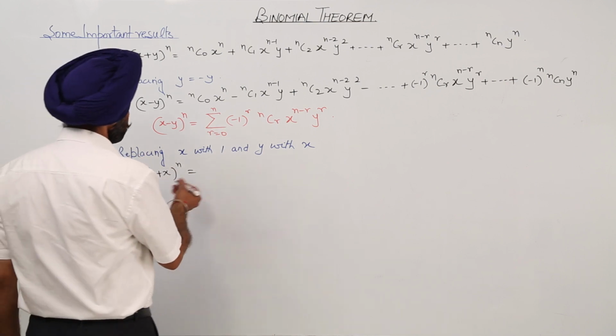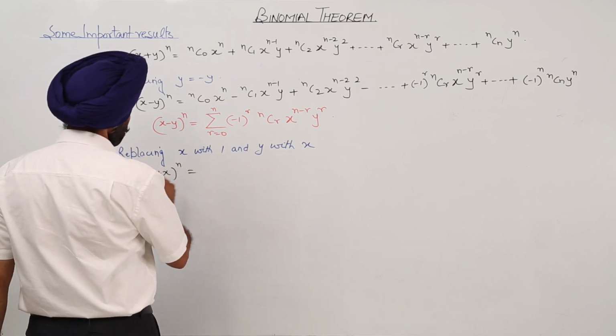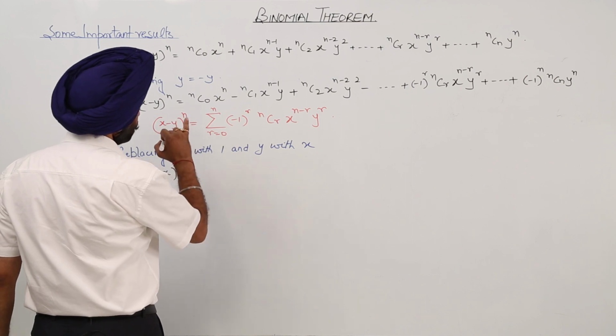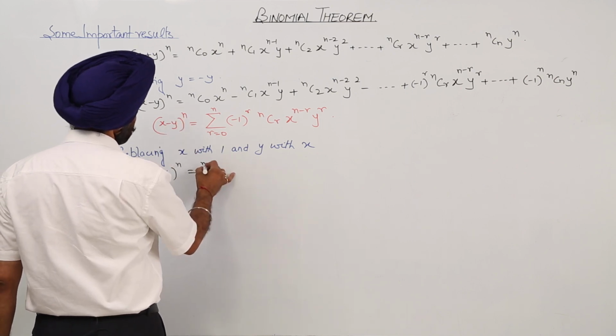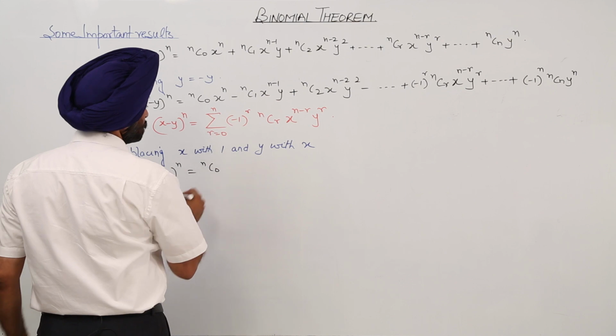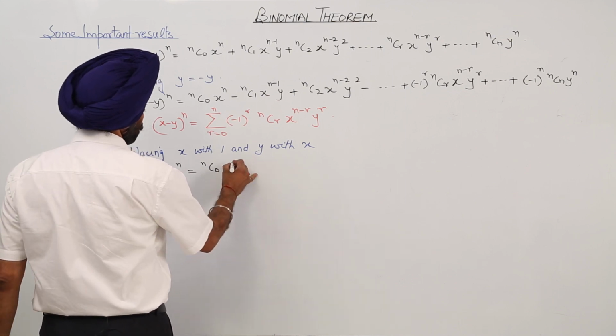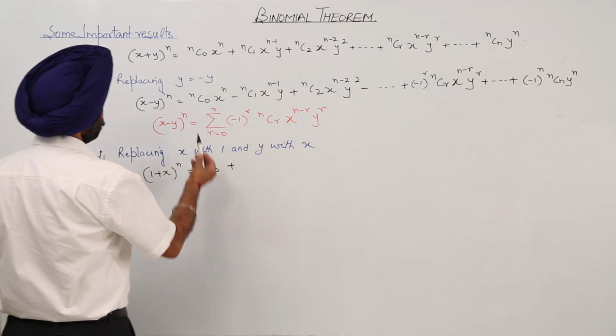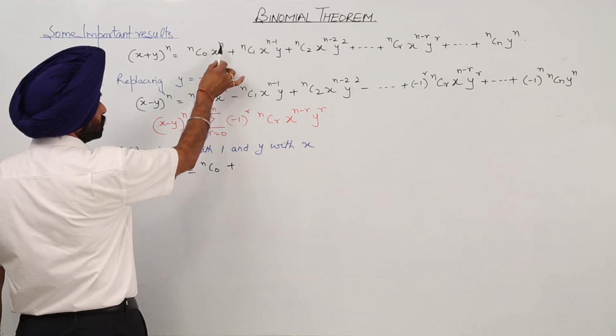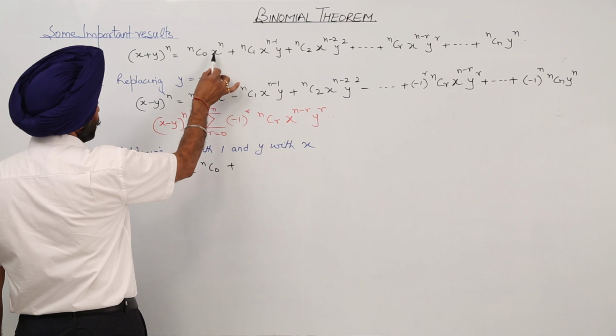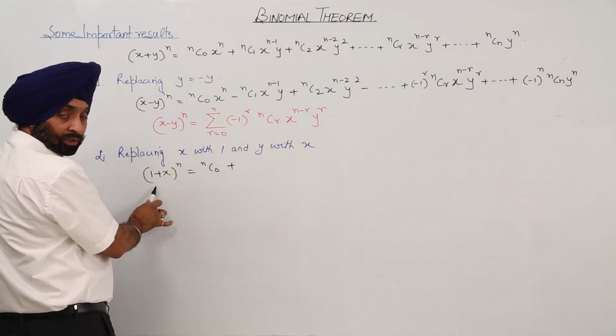Now what are we getting? First of all, again we are having nC0 plus, now just look here, here x raised to power n and x is 1. Is it clear?